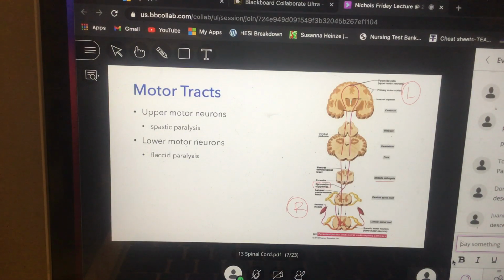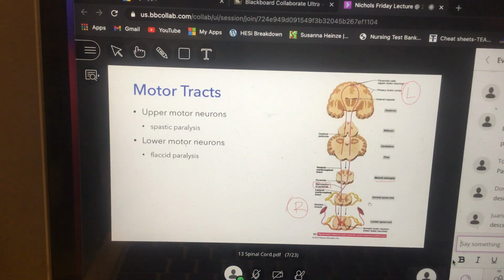Those that do not cross at the medulla follow this one. This one here does not cross at the medulla, but it does cross at the spot where it's getting ready to leave the spinal cord and go out to the muscle. So even though this neuron way back up here starts on the right side of the cortex, in the primary motor cortex, it's still going to control muscles on the left side.